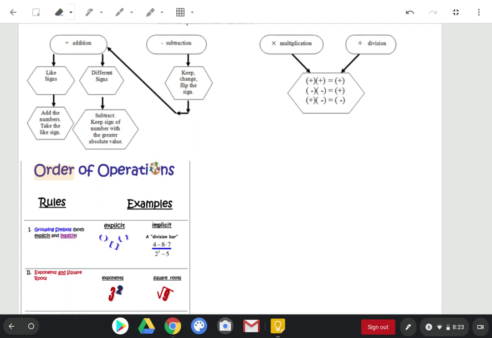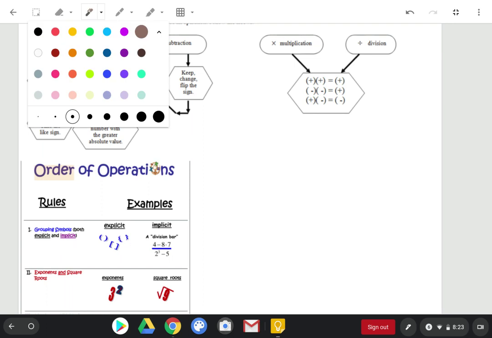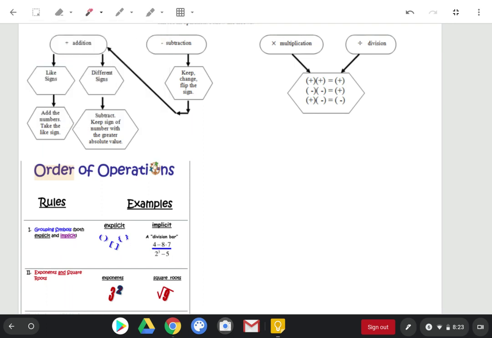So the last problem that I'm going to do is problem number 5. So problem number 5 says negative 6 times negative 9n plus 2c.